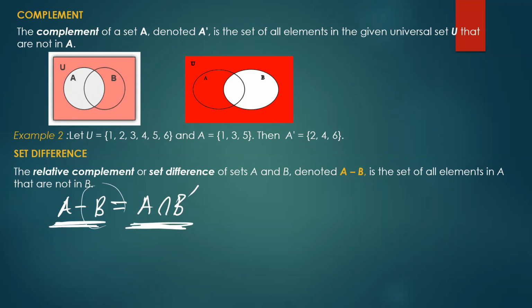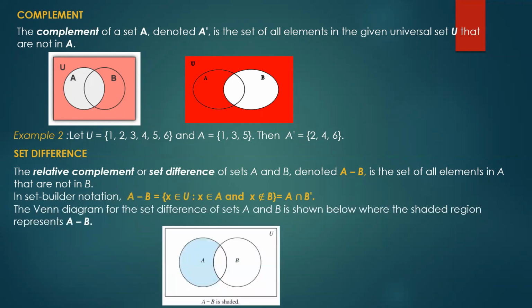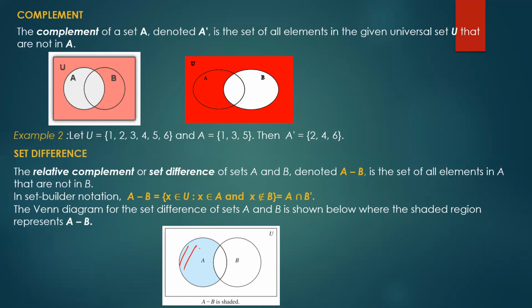I'll prepare a lot of examples on what we have learned tonight. So the set difference is simply this one. So A minus B means that we're listing the elements that are in A, excluding those that are where? In B.